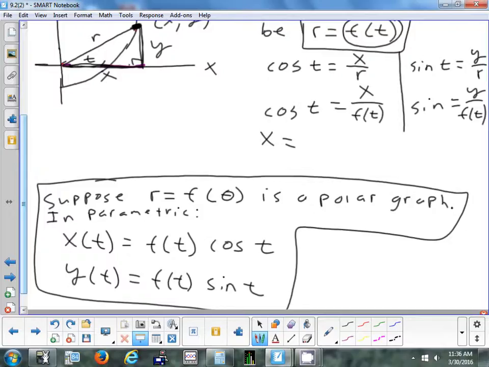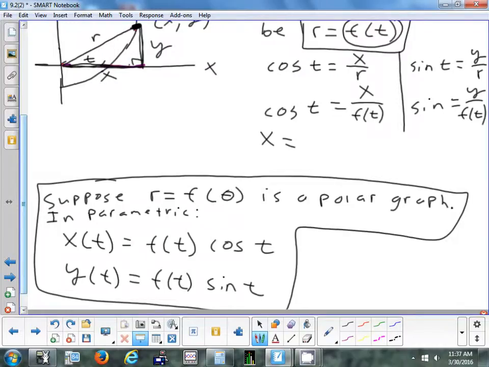So to take something that's in polar and make it parametric, you have to do two things. One, change all your thetas to t's, because when you're in parametric, you use t. Then to write your x function, take your function after changing everything to t's and multiply it by cosine. To get your y values, multiply it by sine.